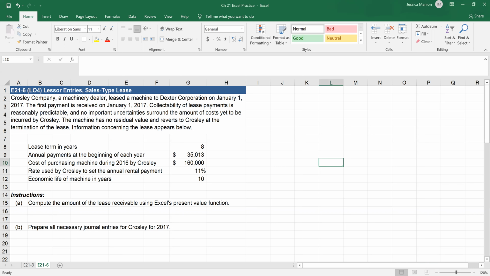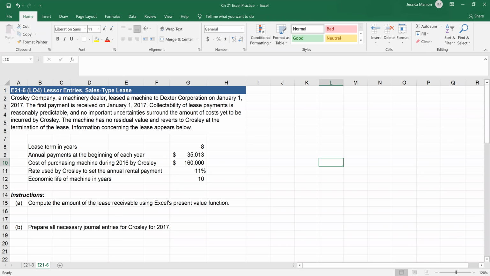This one says, Crosley Company, a machinery dealer, leased a machine to Dexter Corporation on January 1, 2017. The first payment is received on January 1, 2017. Collectability of the lease is reasonably predictable and no important uncertainties surround the amount of cost yet to be incurred by Crosley. The machine has no residual value and reverts back to Crosley at the termination of the lease.